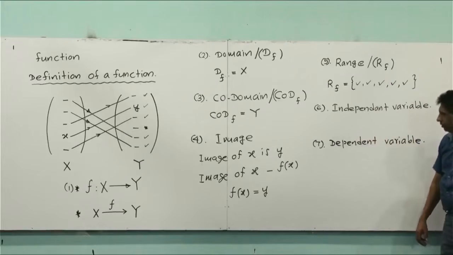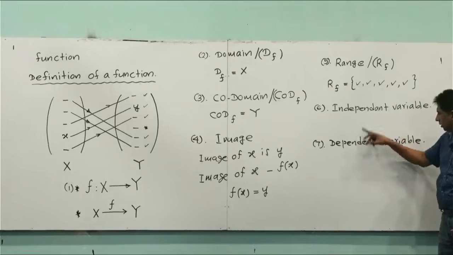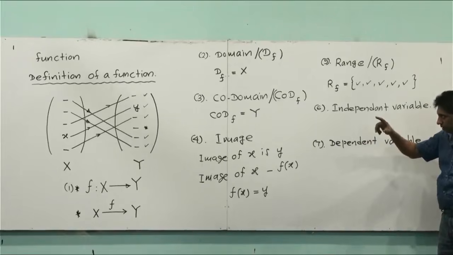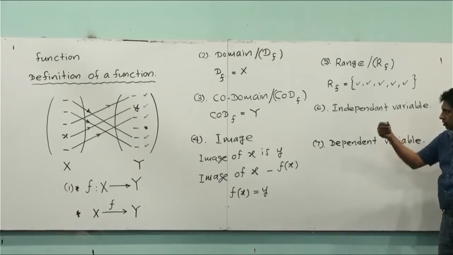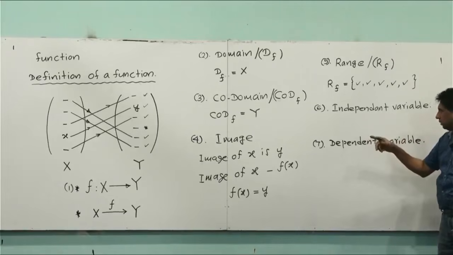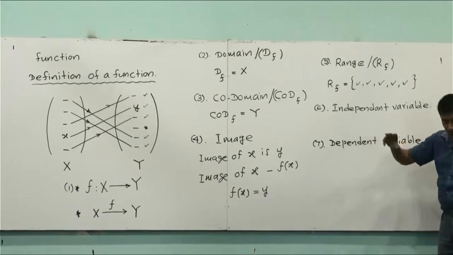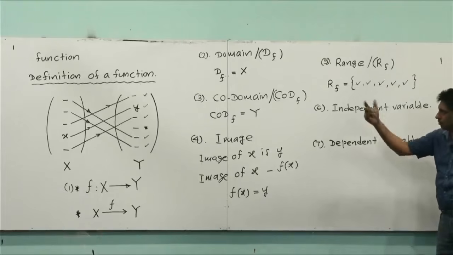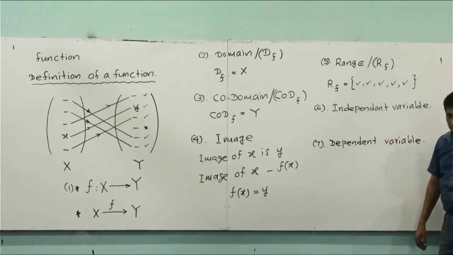Here we define independent and dependent variables because another mathematician gives a definition for a function. He says that if there is a relation between a dependent variable and an independent variable, it is called a function.